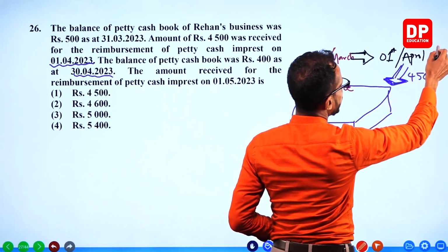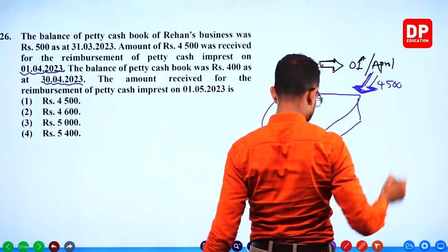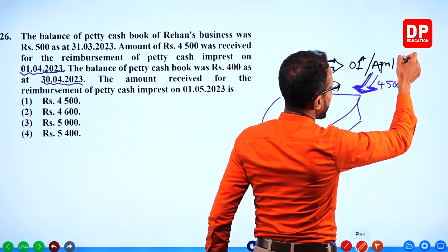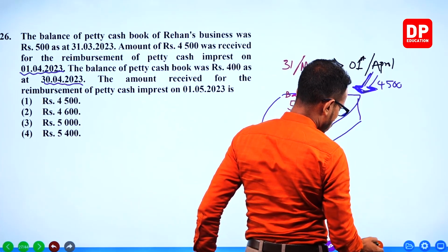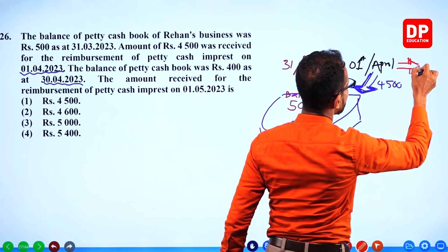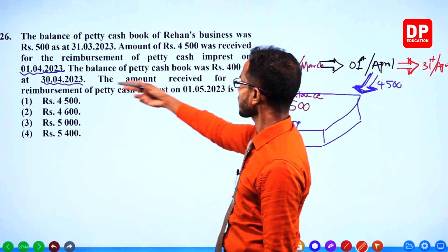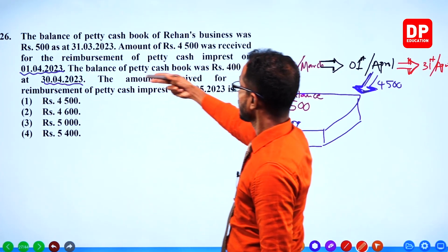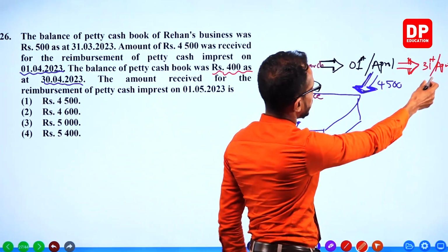After this month, when the April month came to an end, at the end of April, how much was remaining? A balance of petty cash book 400 was remaining. Okay, 400 was remaining here.